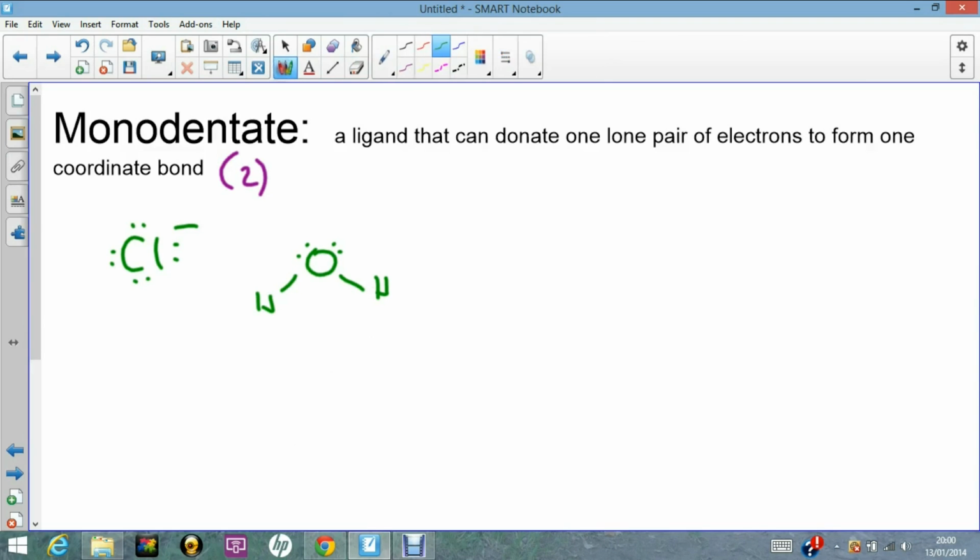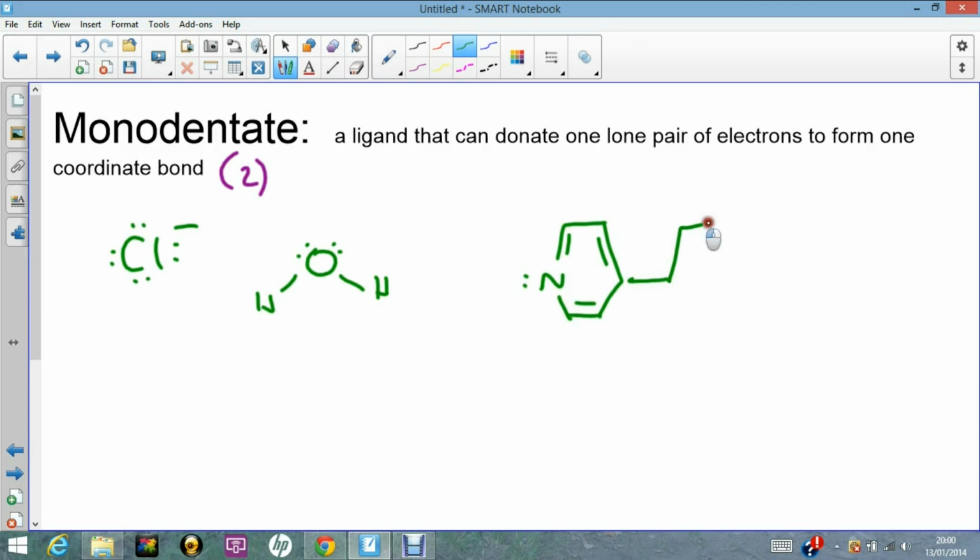There are some other ligands that you might find mentioned in exams, such as this. Now this molecule could behave as a bidentate ligand because it's got 2 lone pairs, but when we put it with a transition metal ion, because this is a flat planar molecule, let's look at those bonds again.